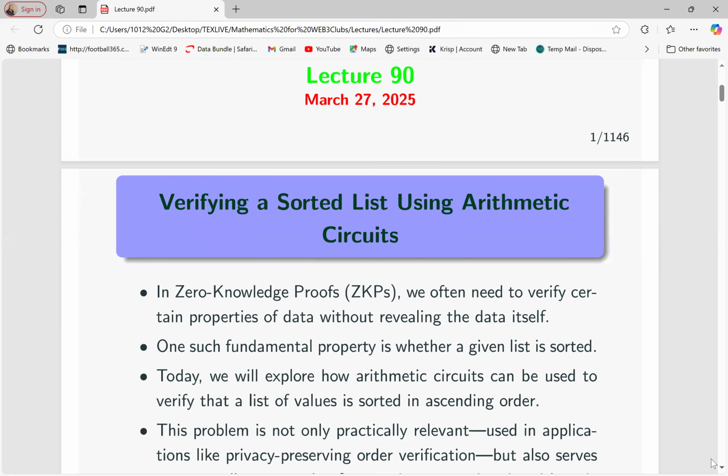We'll be looking at the application of this, for instance, the range: whether the given information is within a given range, without necessarily having to reveal the exact information that the verifier claims to know. We just want to say that the verifier has given us information within the given range, not something outside that range.